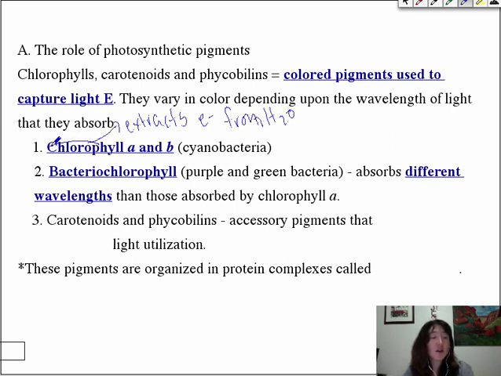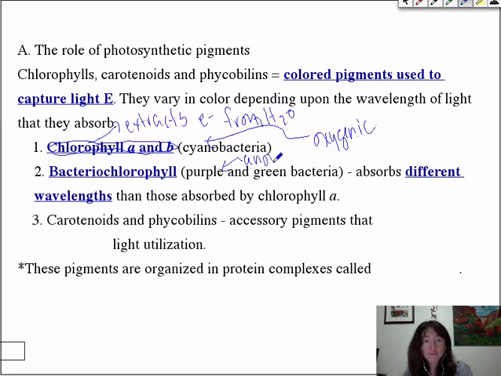So these are things with chlorophyll A and B. These are oxygenic phototrophs, right? Whereas those with bacterial chlorophyll, these are our anoxygenic ones. They are not strong enough oxidizing. So bacterial chlorophyll is not a strong enough oxidizing agent to extract electrons from water. Instead, it extracts electrons from H2S.